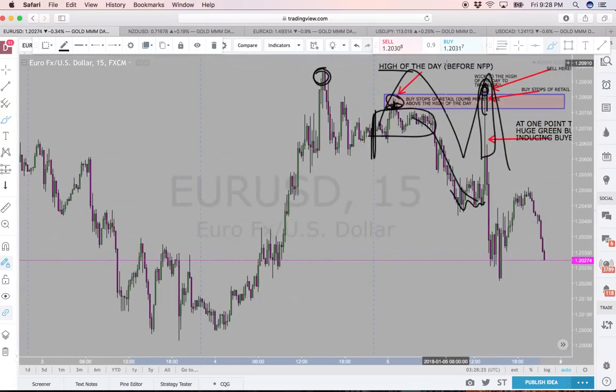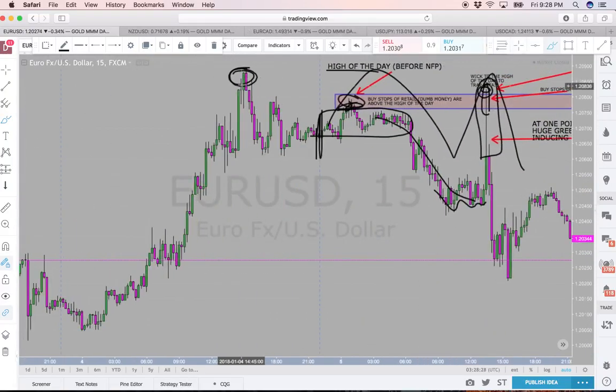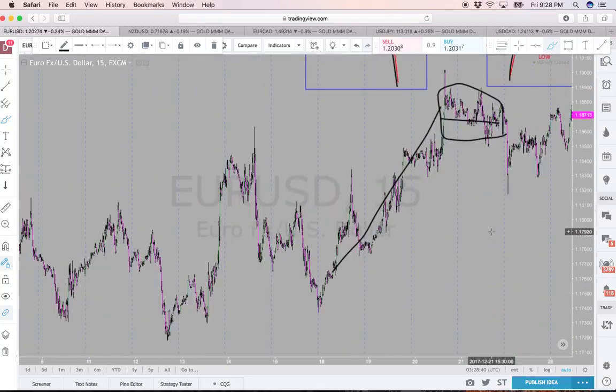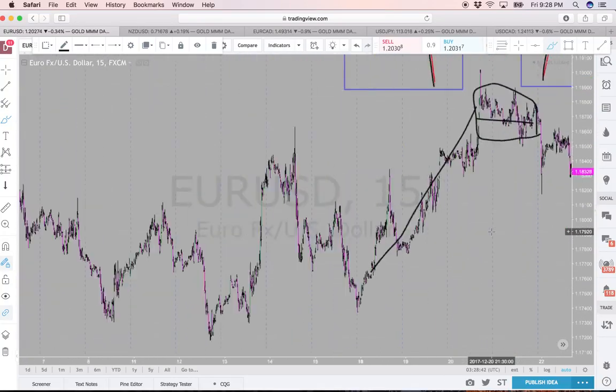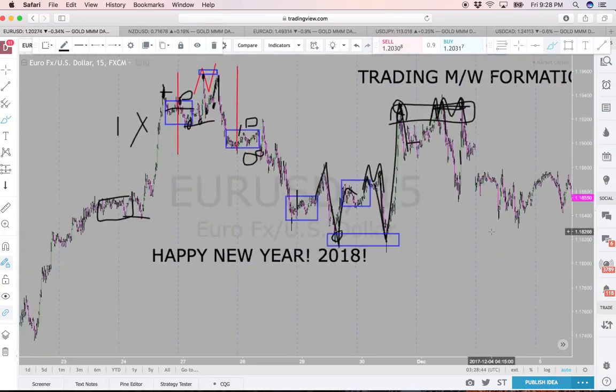So for example, right here, here's the high. We can see this first hit maybe to the high, and then second hit, and then this is the very sharp third hit to that high. Here's a better example.